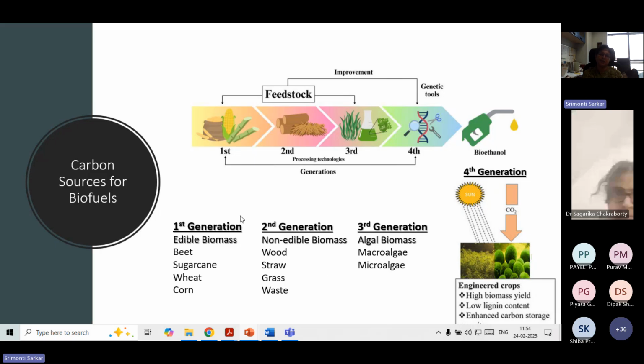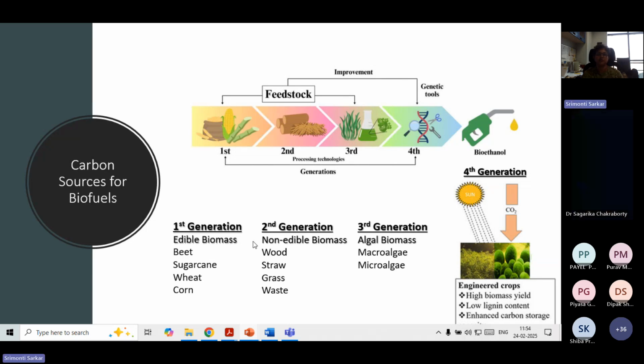So the second generation of these feedstocks is where technology was developed to use non-edible biomass, such as wood, whether it's wood that is grown from social forestry or byproducts of wood being used in industry. So wood is now being used. You have straw.